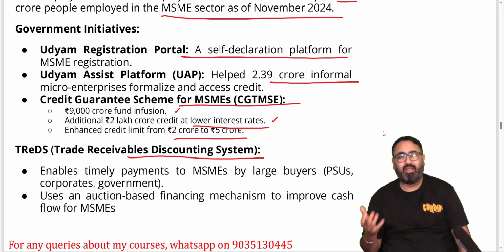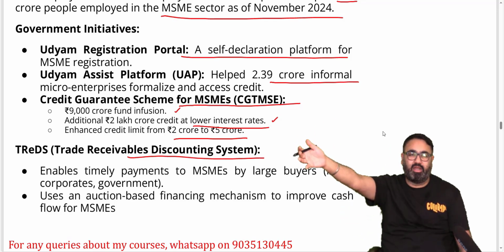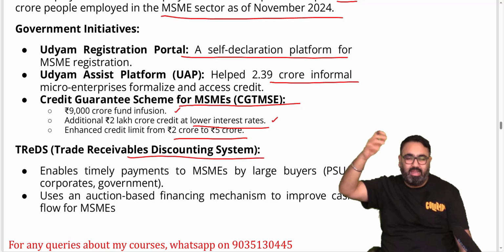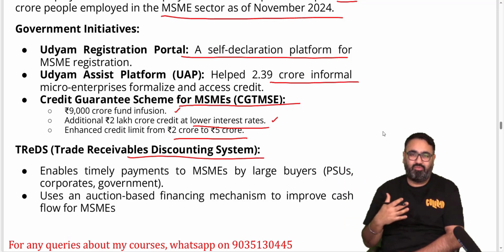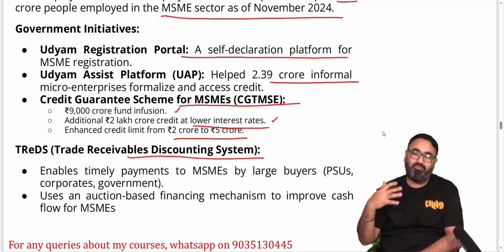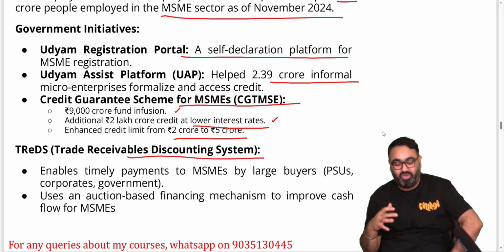The wholesaler that I've sold it to will tell me, I will give you money after 2 months, when I sell this product further to the retailer, to the consumer. In between, I have to go to the bank and get a loan to manufacture more. So when the bank asks me for a guarantee, I will tell the bank that, see, I have receivables, I will receive this money in the next 2 months because I've already sold this stuff. So that system enables the MSMEs to actually get better loans.